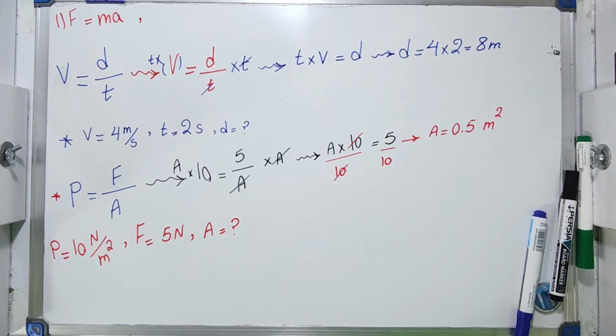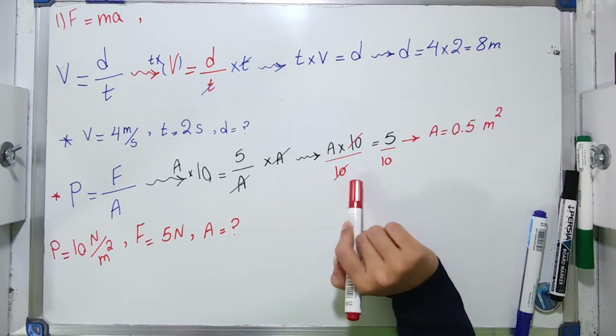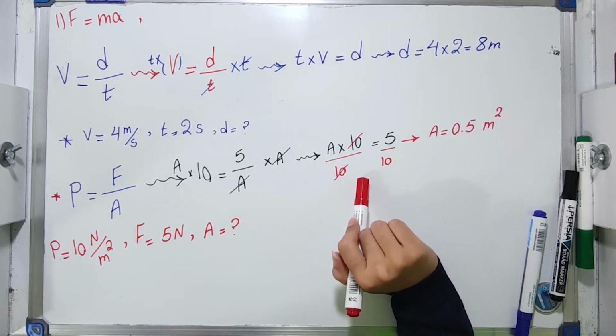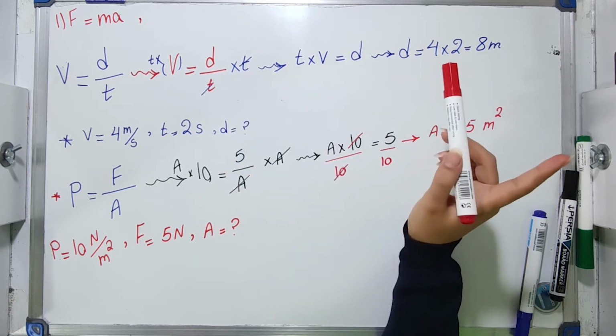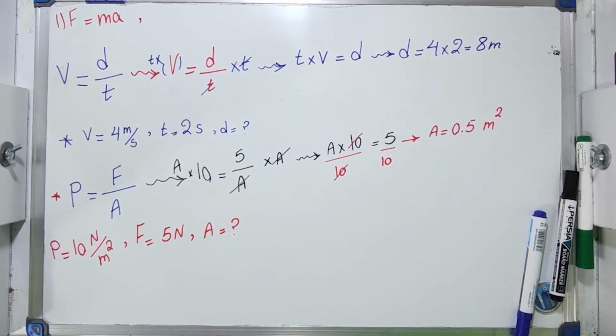So in your physics, usually it's enough to have two steps. Either we want one step or two steps, not more. Like here, we want two steps, but in the first equation, only one step is enough.